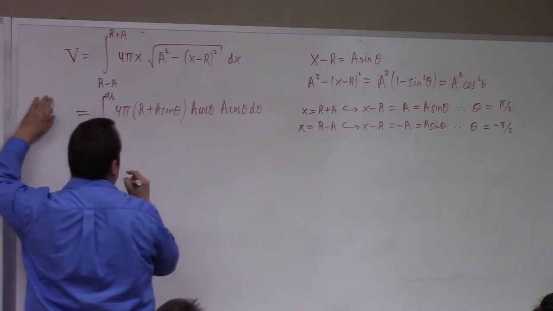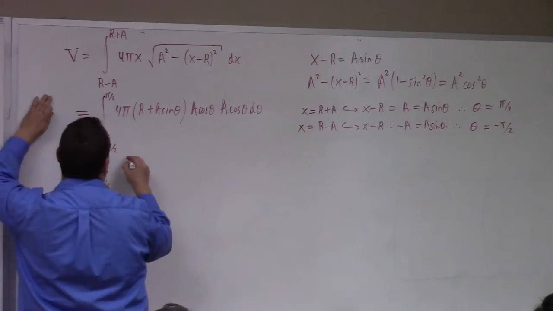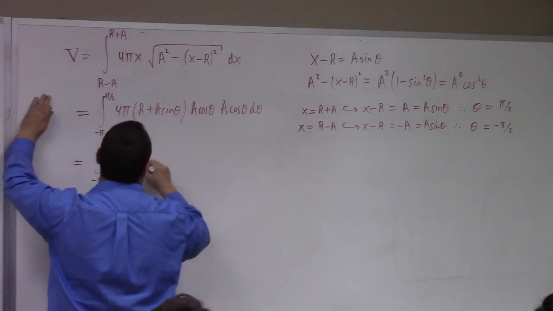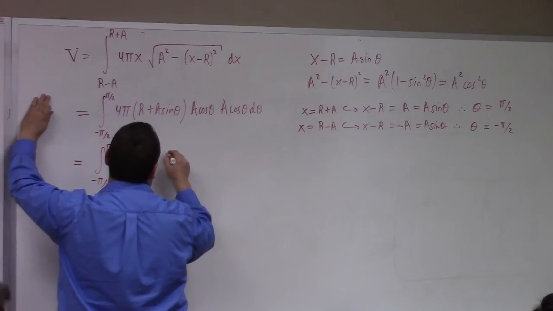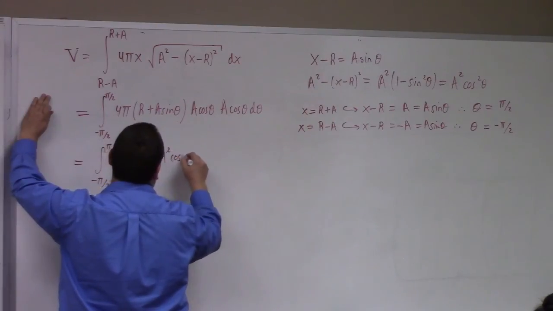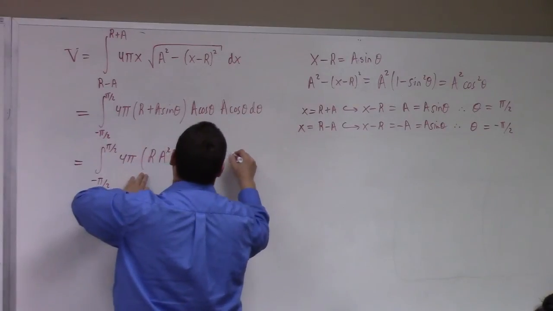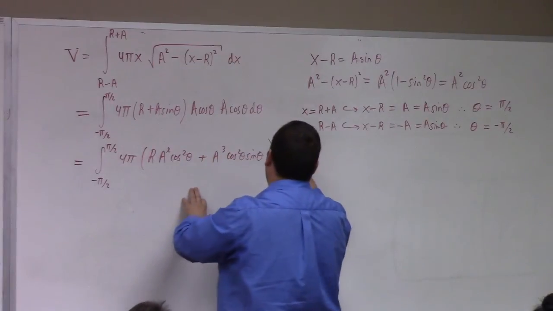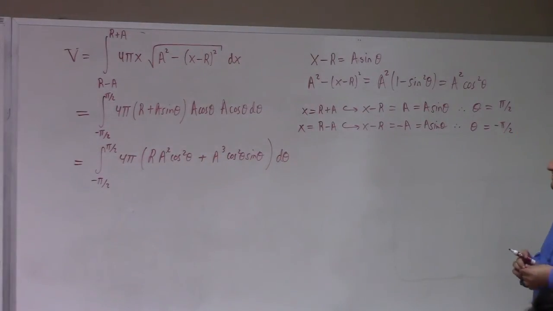And so we have the integral from minus pi over 2 to pi over 2 of 4 pi times r a squared cosine squared theta plus a cubed cosine squared theta sine theta d theta. Which we can do. This is an integral we can do.